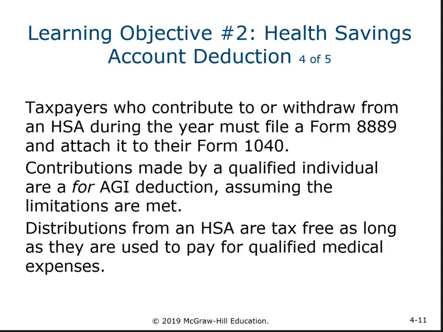And then the real cool thing is distributions are tax-free as long as they're paying medical expenses. So it has the result of making medical expenses deductible even if they aren't very high. And we'll learn later that medical expenses for itemized deductions are only deductible if they're very high. So this is a way that can be a reduction in your AGI if you do it correctly.